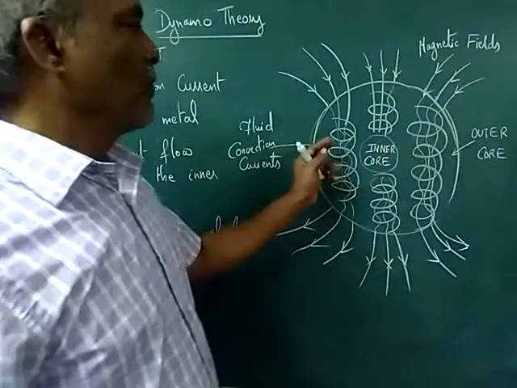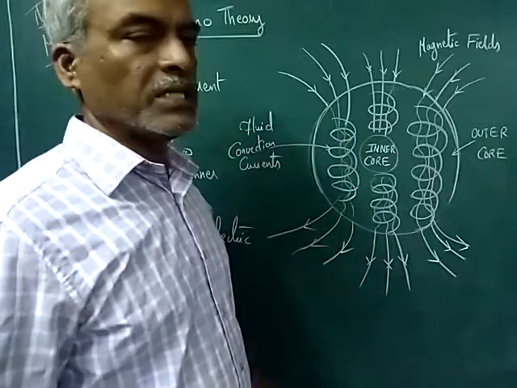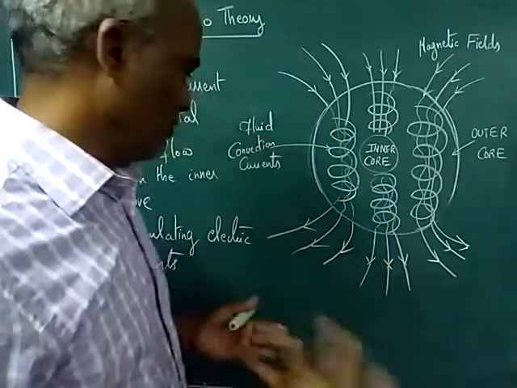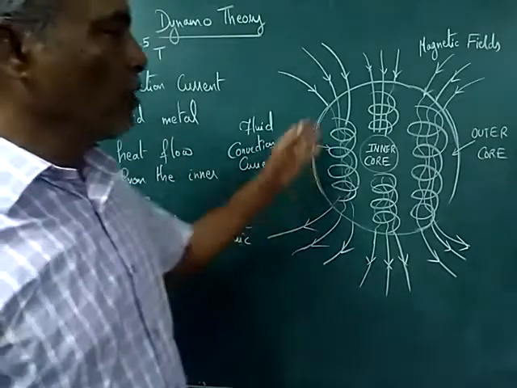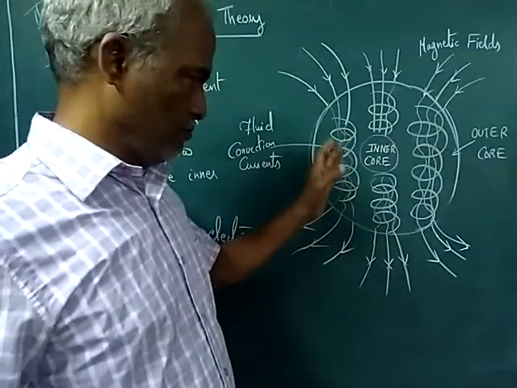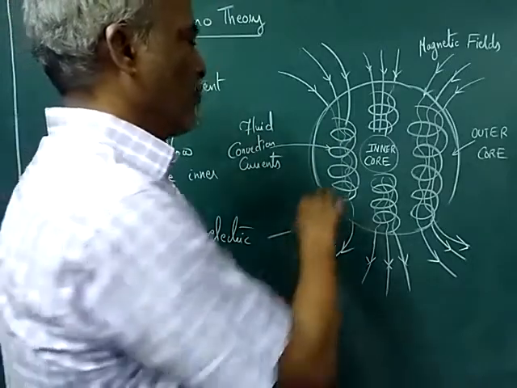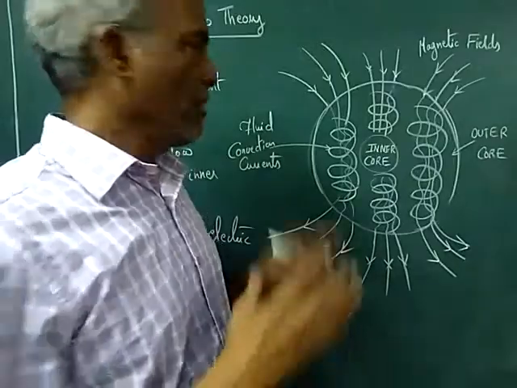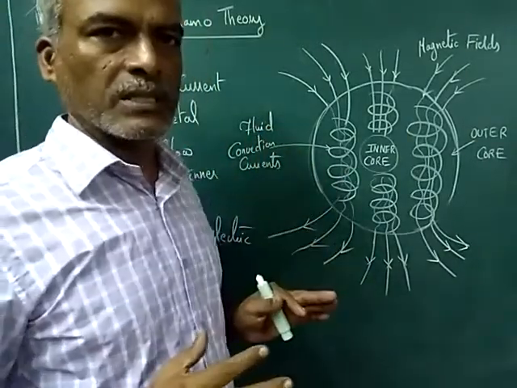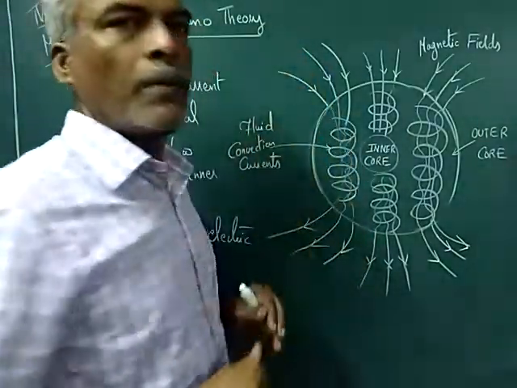Therefore these fluids will create currents, basically circulating electric currents. That's the correct word. Therefore when the current flows in the fluid because of the convection process, it has its own magnetic field.